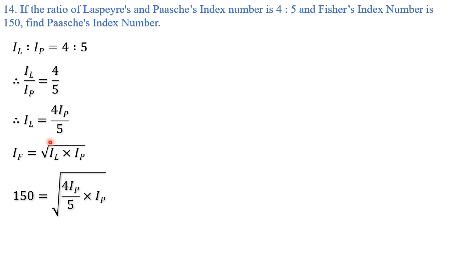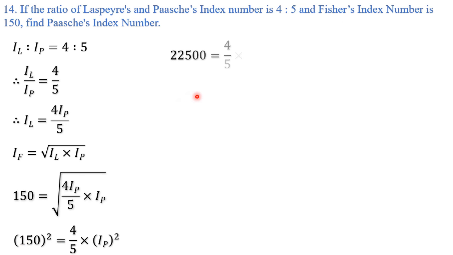Okay, so I'm just replacing IL with this value, that is 4 IP upon 5, and IP is as it is. Now whenever I want to remove this square root, I need to square the opposing value. So I will just square this and I will multiply this IP with this. So 4 upon 5 into IP square.